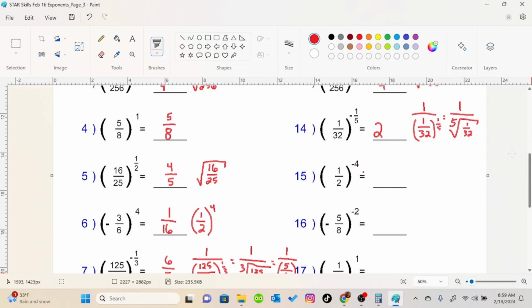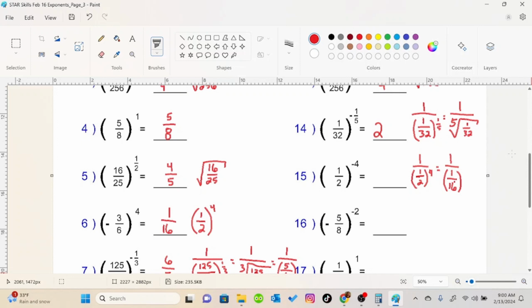Number 15. 1/2 to the power of negative 4. The negative means we have 1 over 1/2 to the power of 4. 1 to the power of 4 is 1, and 2 to the power of 4 is 16.